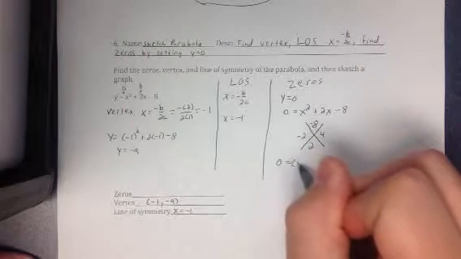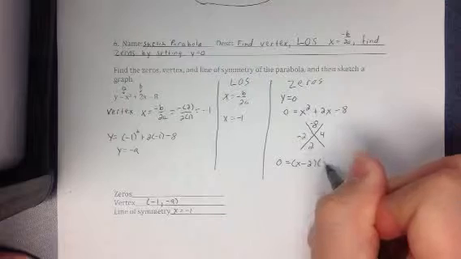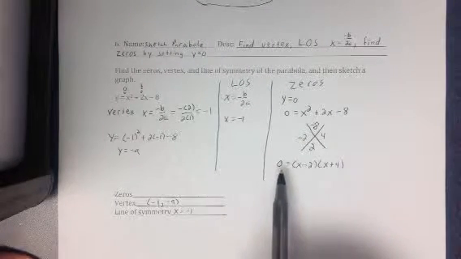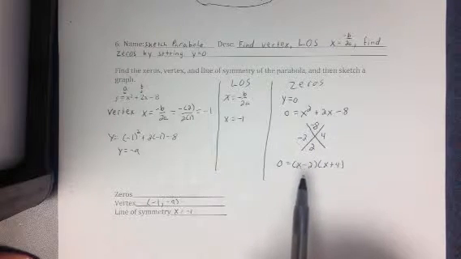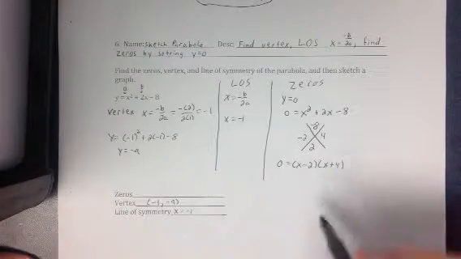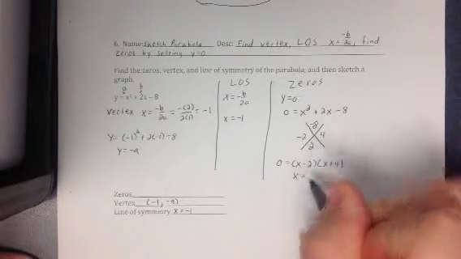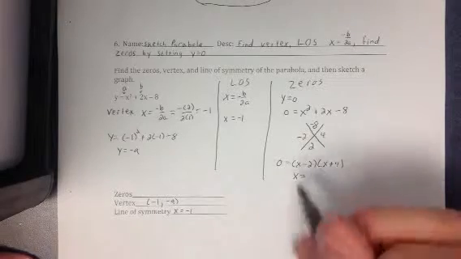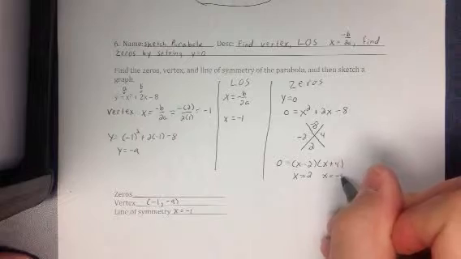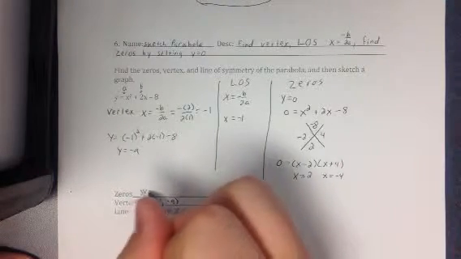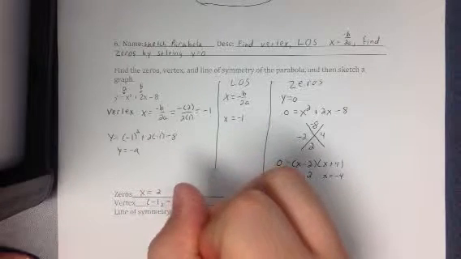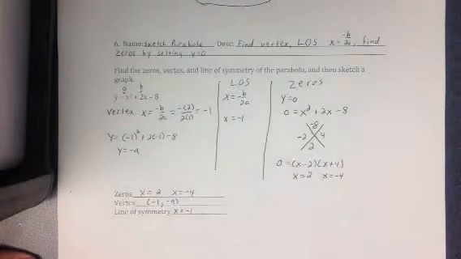So that would give me 0 equals x minus 2 times x plus 4. Now since this is set equal to 0, the answers are going to be what makes each parenthesis 0, which again is a way of saying x is going to equal the opposite of what's inside the parentheses. So the opposite of negative 2 is positive 2. The opposite of positive 4 is negative 4. So my two zeros are x equals 2 and x equals negative 4.